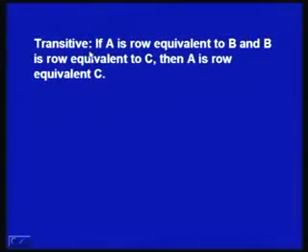The third is the transitive property. It says that if A is row equivalent to B and B is row equivalent to C, then A is row equivalent to C. So, now I have three matrices. In reflexive I have one matrix which is equivalent to itself. In symmetric I have two matrices, they are equivalent to each other.